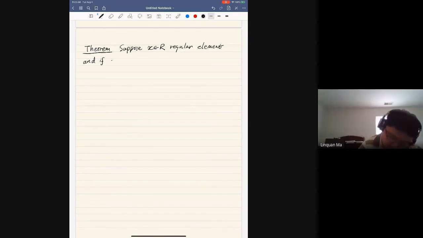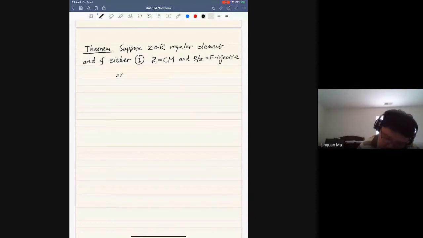If either one of the following holds: 1, R is Cohen-Macaulay and R mod X is F-injective, or 2, R mod X is F-split, then R is F-injective.